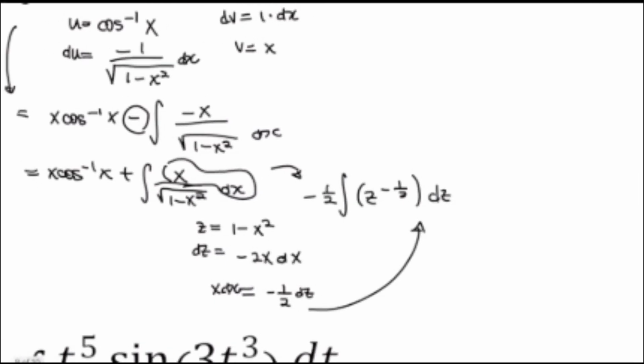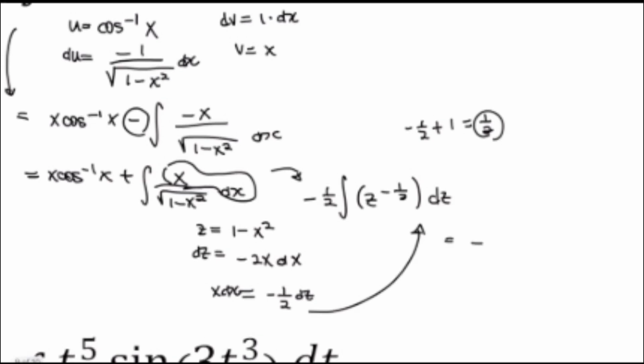Okay, so this is pretty simple. -1/2 plus 1 would be 1/2, and our reciprocal of that would be just 2, right? So negative 2 times 1/2 is just 1, and then z to the power of 1/2. Yep, that's how you do it.